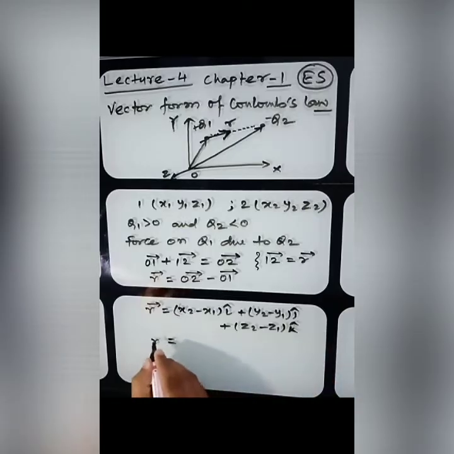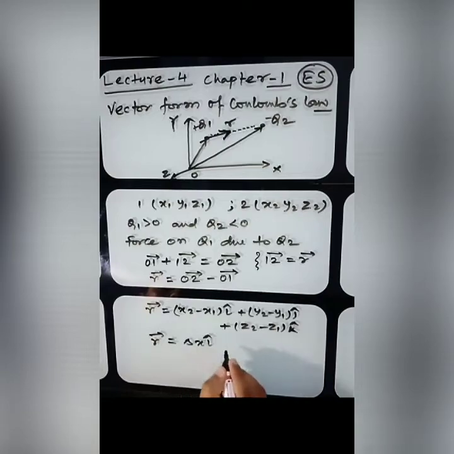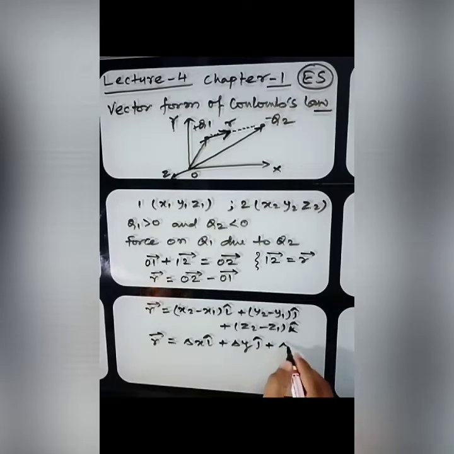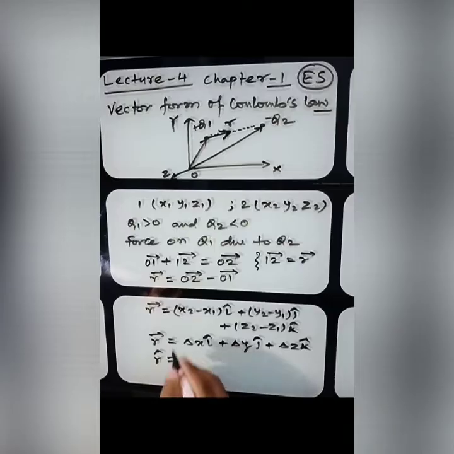You can also write here the r as delta x i cap plus delta y j cap plus delta z k cap. This is the r. Unit vector of r can be written as vector r over mod of vector r.